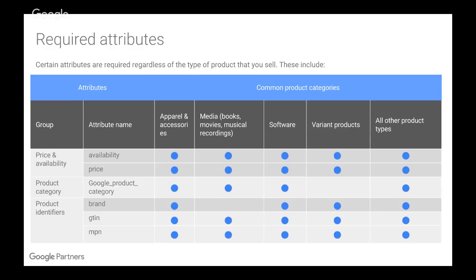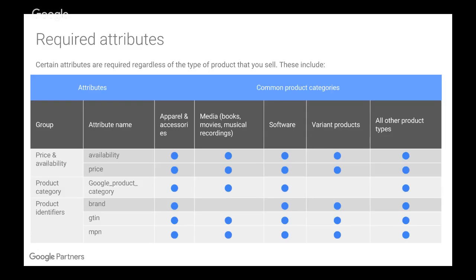In case a GTIN doesn't exist for your product, such as it's a custom product or it's a refurbished product, or the manufacturer simply hasn't assigned a GTIN to it, what you can then do is use your brand and your MPN, which is a manufacturer assigned internal number for them. And you can use this in lieu of your GTIN.